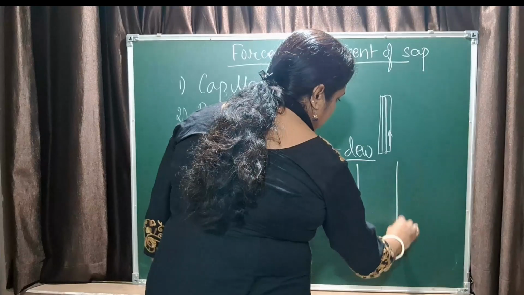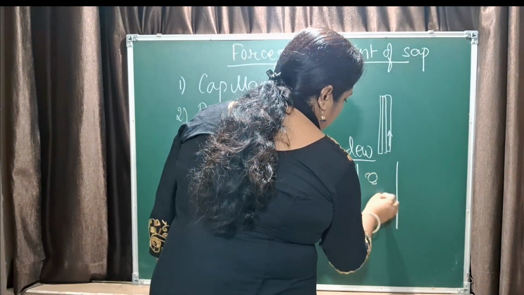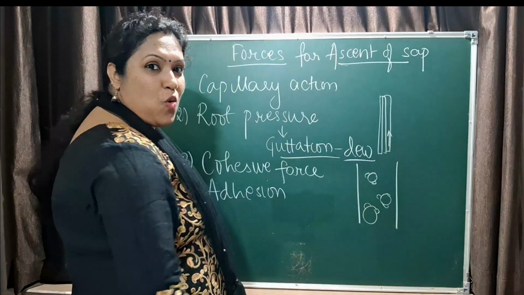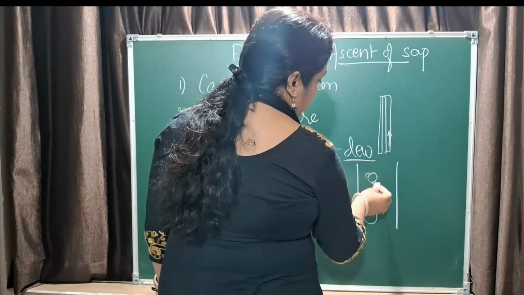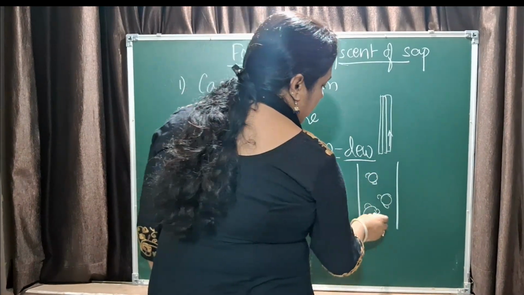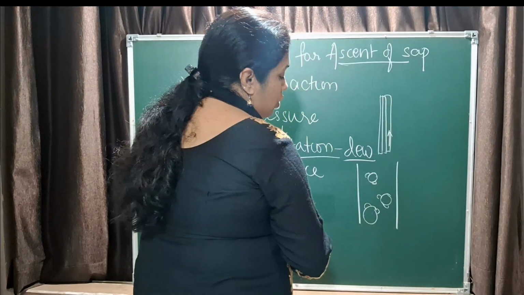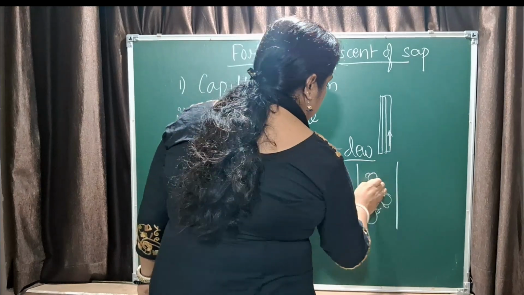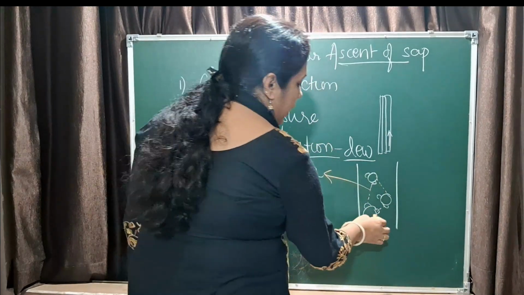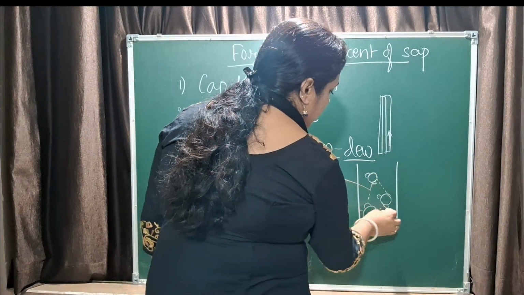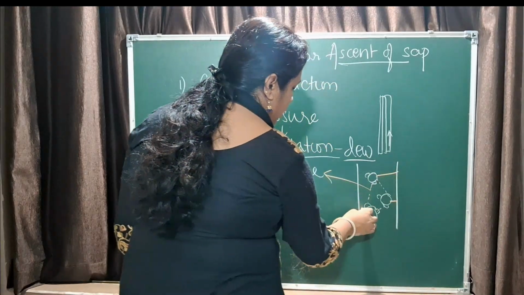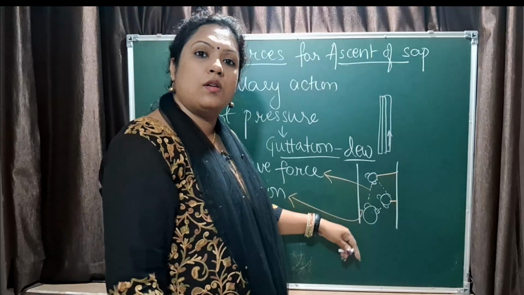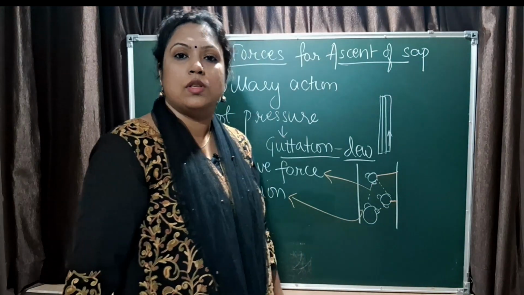Water is H2O, the bigger one is O, and the smaller ones are the hydrogens. So, there is a force of attraction between the water molecules, the hydrogen bond. This is the cohesive force, and there is a force of attraction between the xylem and the water molecule, that is the adhesion. Now, these two forces make the water move in a regular column to the leaves.